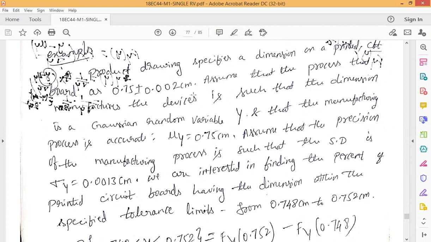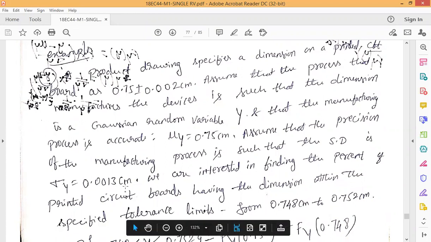Assume that the process that manufactures the devices is such that the dimension is a Gaussian random variable y, and that the manufacturing process is accurate, that is mu y is equal to 0.75, and assume that the precision of the manufacturing process is such that the standard deviation sigma y is equal to 0.0013 centimeter.